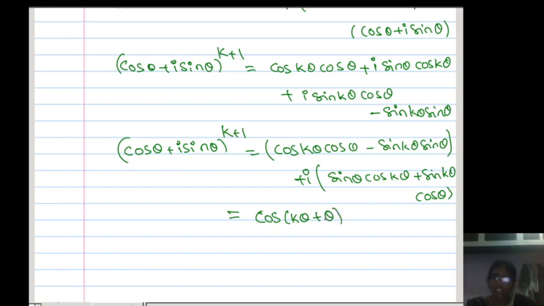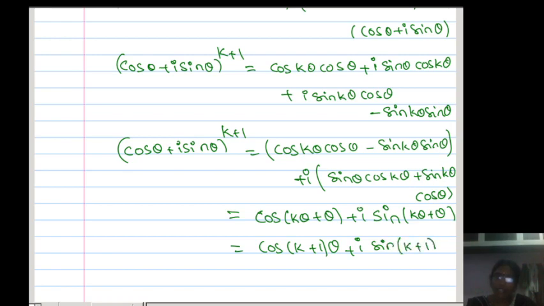Then, i times sin A cos B plus cos A sin B. What is that formula? Sin of A plus B. Now theta you can take common: cos of (k plus 1) theta plus i sin of (k plus 1) theta.